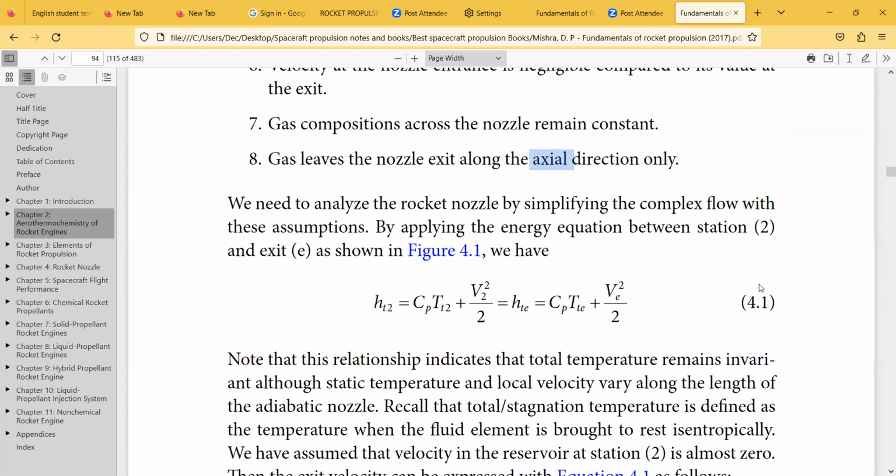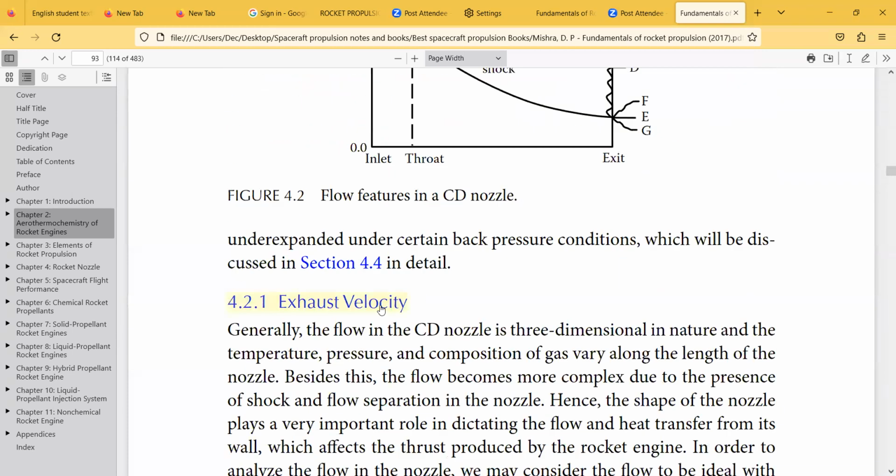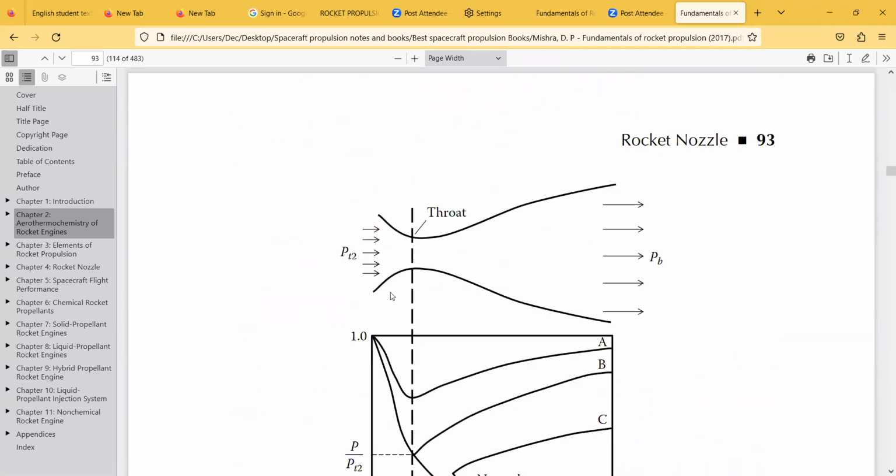So from all these assumptions, let's consider the entrance region properties. Here HT2 and the temperature T2 are related to the exit region. No, the entrance region. Please give emphasis to this: this is the entrance region, this is the exit region.